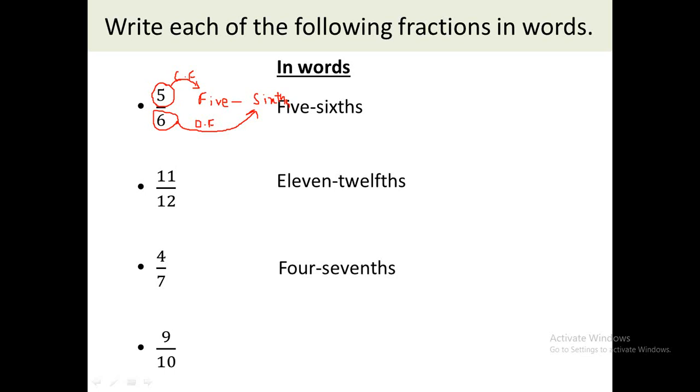Right? So 4 7ths. Next one 9 by 10. So cardinal form of 9 and ordinal form of 10. So 9 tenths. Right? I hope this is clear to you all. Do practice. Thank you.